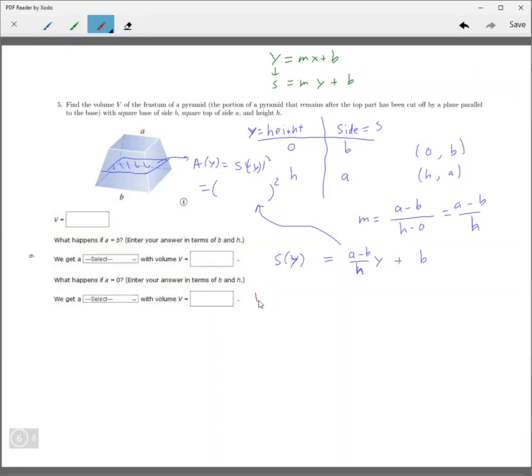So that means that the volume, we can get the volume by integrating from 0 to H of A minus B over H Y plus B squared dy.